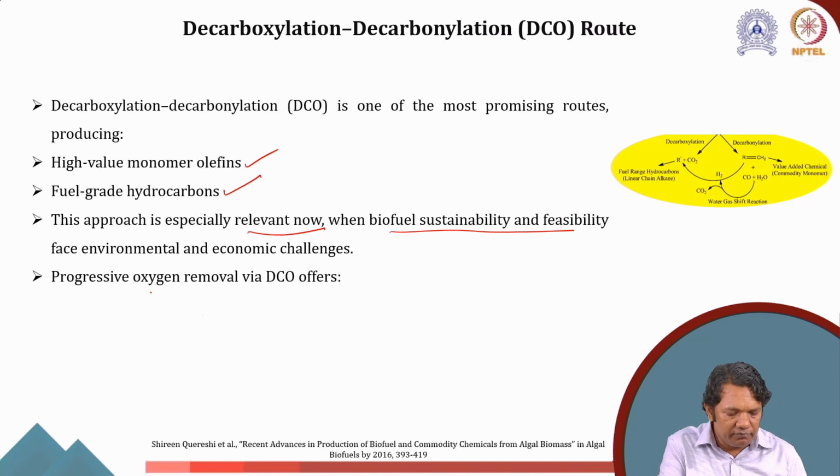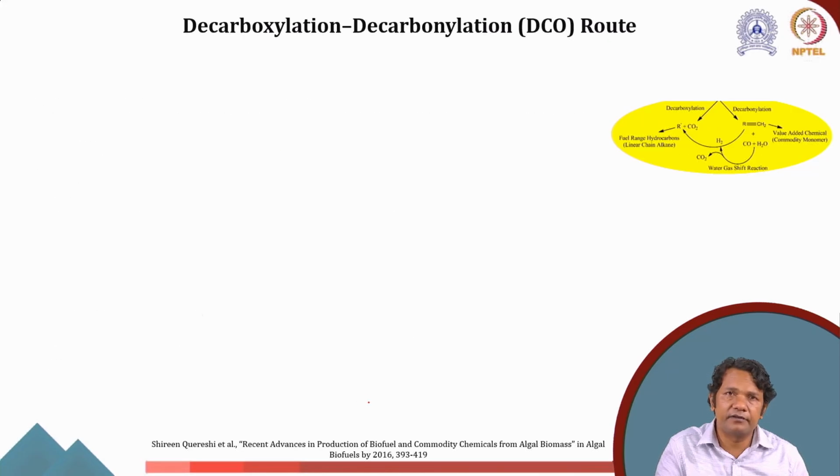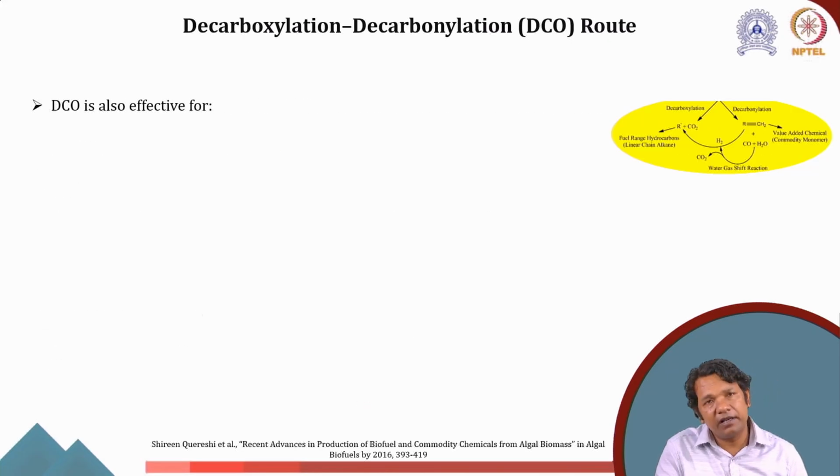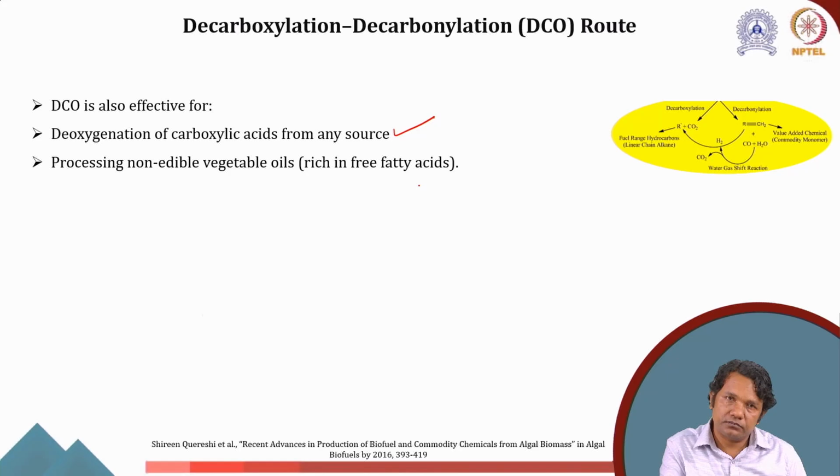The progressive oxygen removal via decarboxylation or decarbonylation offers better economic feasibility, efficient processing of third generation feedstock like algae, algal free fatty acids, and then it is very effective for deoxygenation of carboxylic acid from many sources and processing of non edible vegetable oils which are rich in free fatty acid.